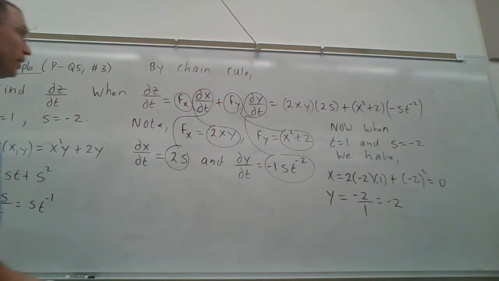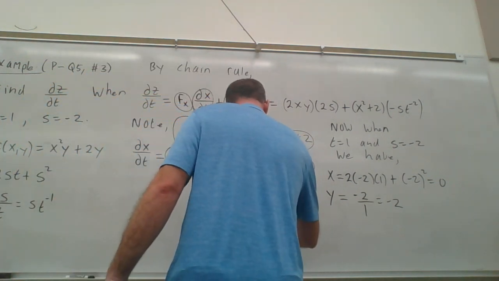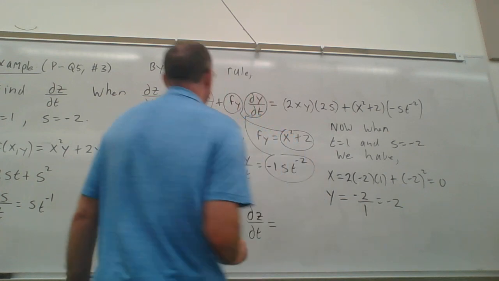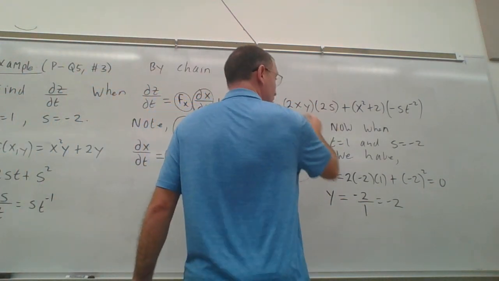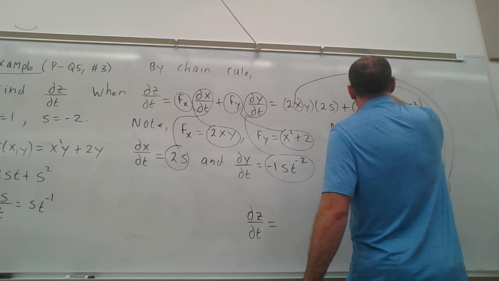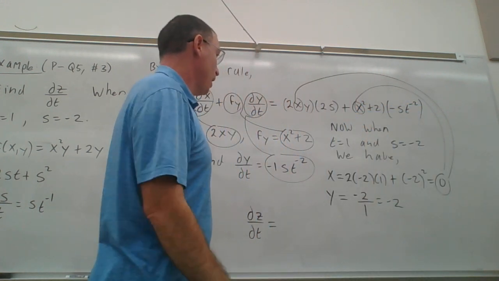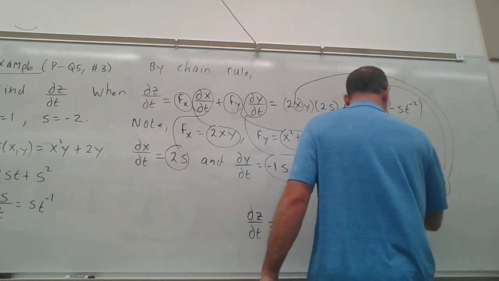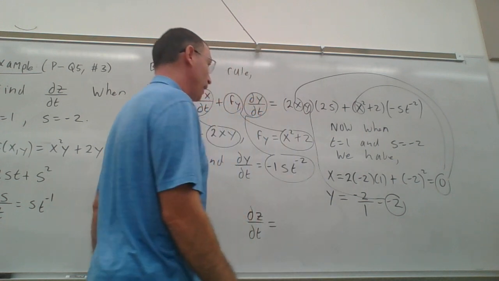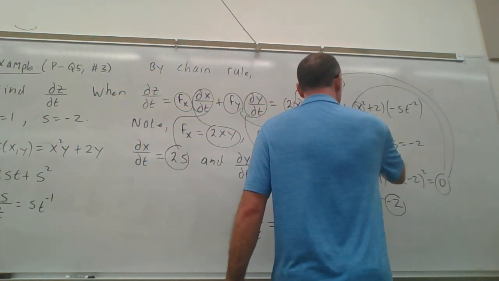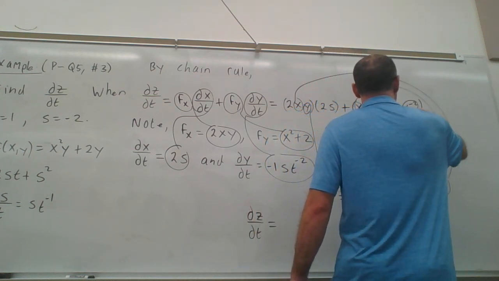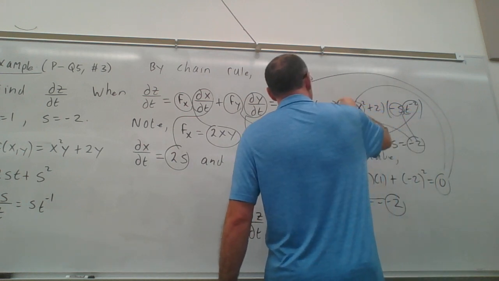All right, so therefore, lastly we'll have partial z with respect to t. So in place of x now we can put 0 here and here. In place of y we can put in minus 2 here. And in place of t we can put in 1 here. And in place of s we can put in minus 2 here and here.